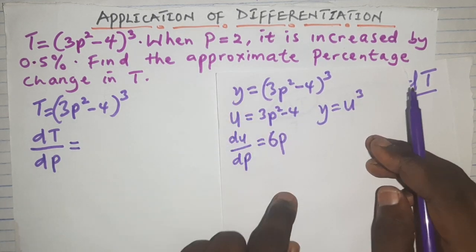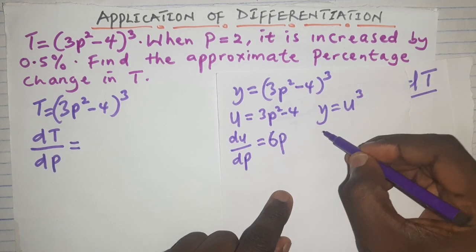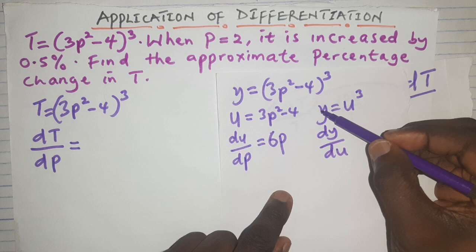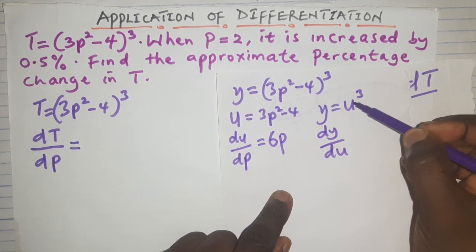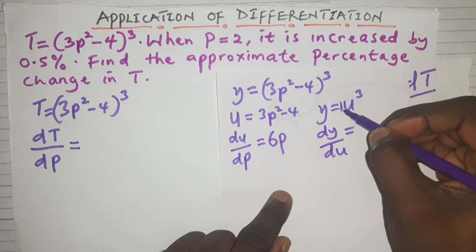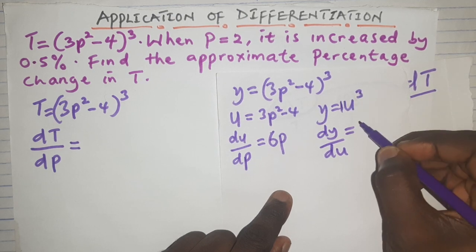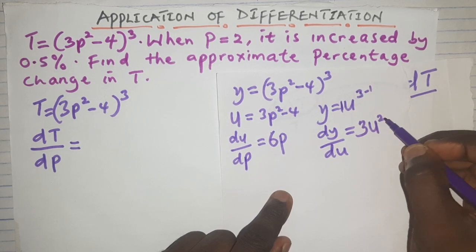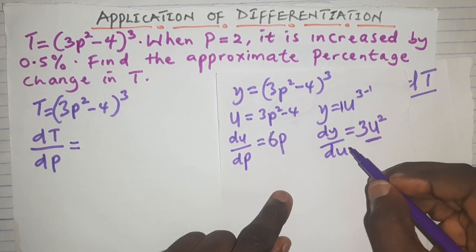Then dy du: I have a power and a 1 as a coefficient, so 3 times 1 is 3. Bring your u down, remove 1 from 3, you get 2. So this is what I get for dy du.